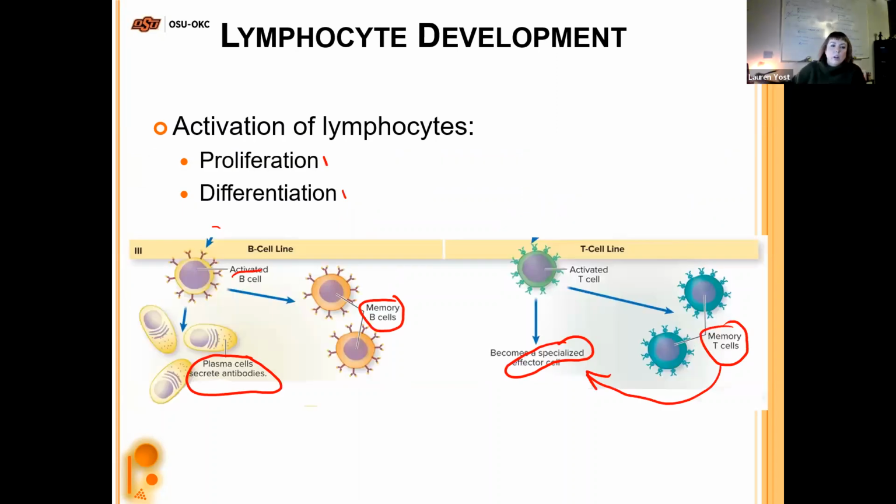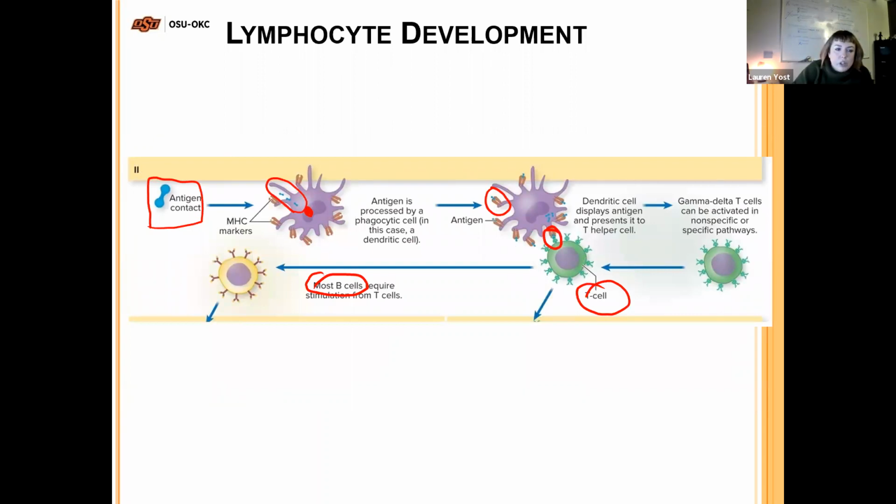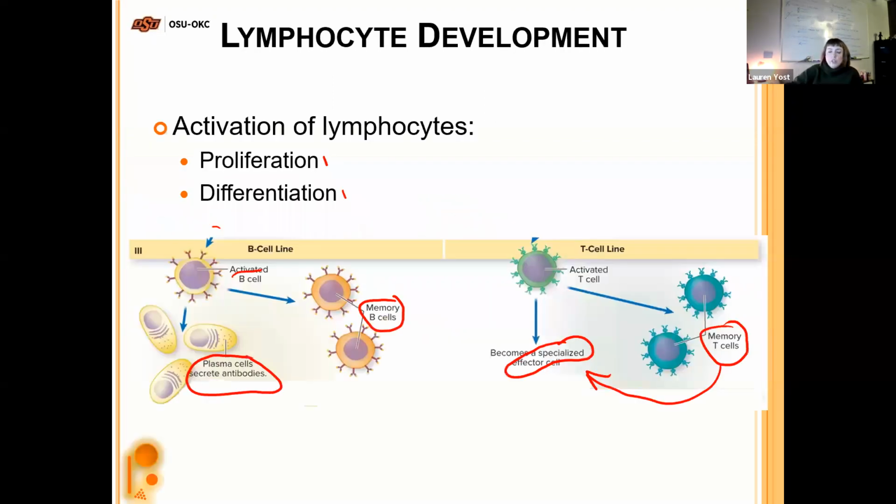As you see here, this isn't all in one picture, but essentially we stimulated the B cell here, and then it's going to proliferate and make a whole bunch of activated B cells. And then these are what's going to differentiate or change into the B cells down here.